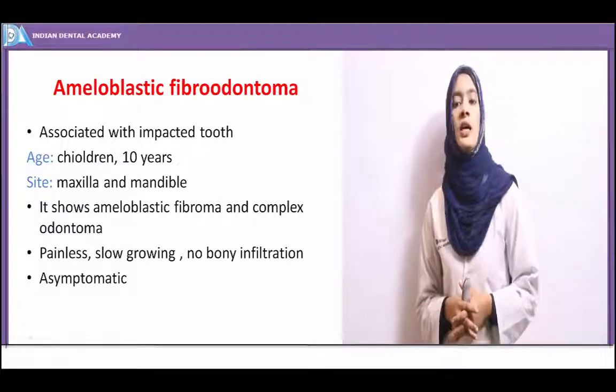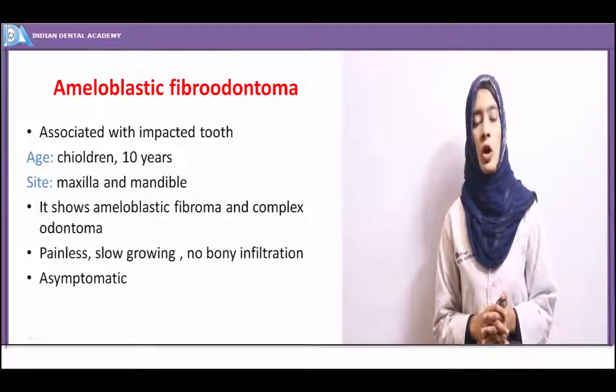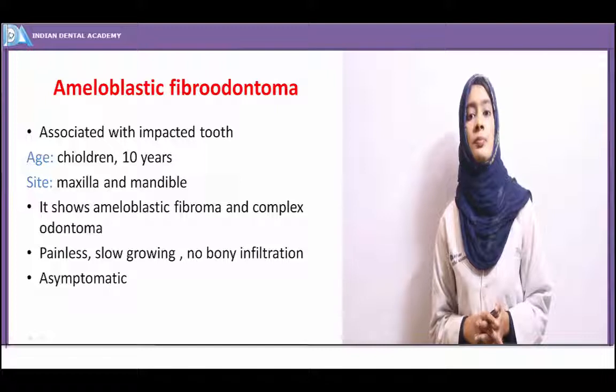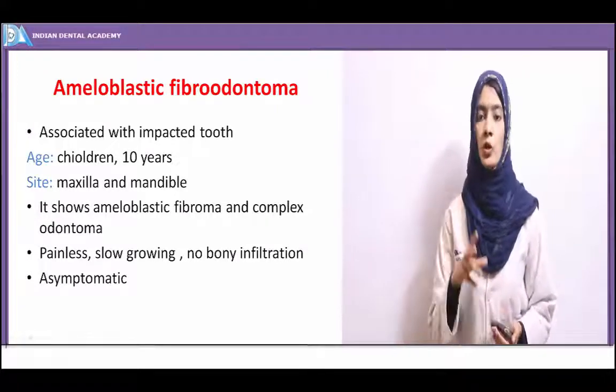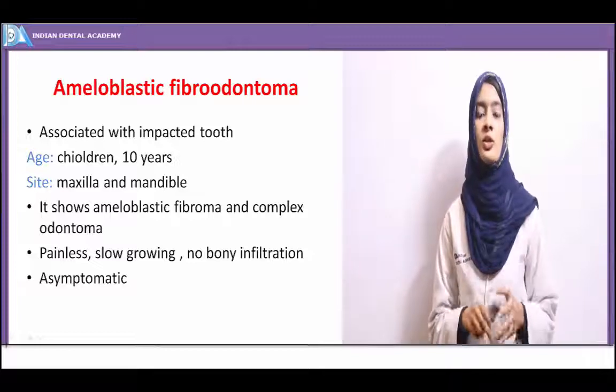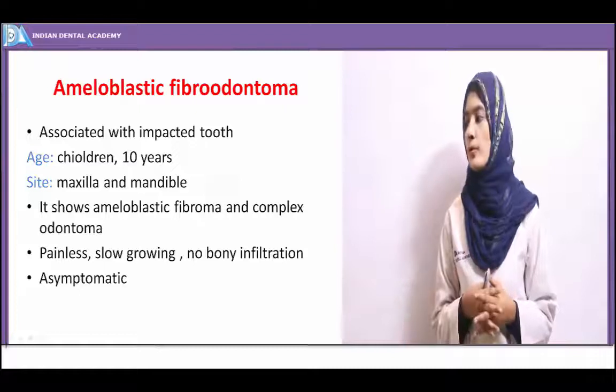It is basically associated with an unerupted or impacted tooth. More commonly, it is seen in children within the age of 10 years, and the maxilla and mandible are both affected with equal frequency. So the one seen in younger individuals is the ameloblastic fibroodontoma.